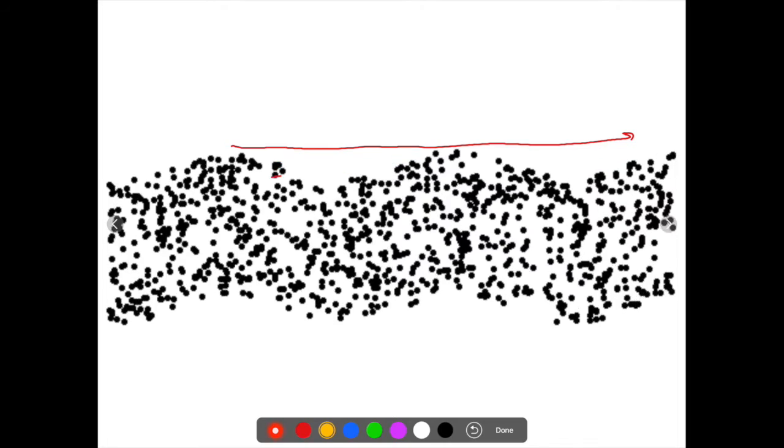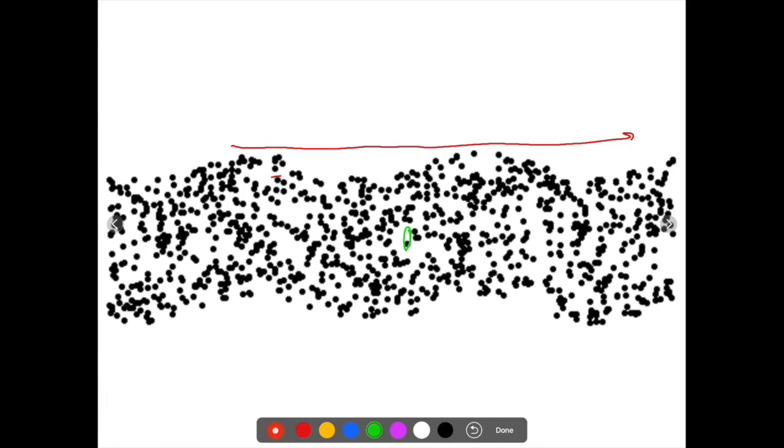But now I want you to look at an individual molecule. Maybe choose one of these guys here in the middle, like this one right here. Look at him. He's just going straight up and down. That's what a transverse wave is.